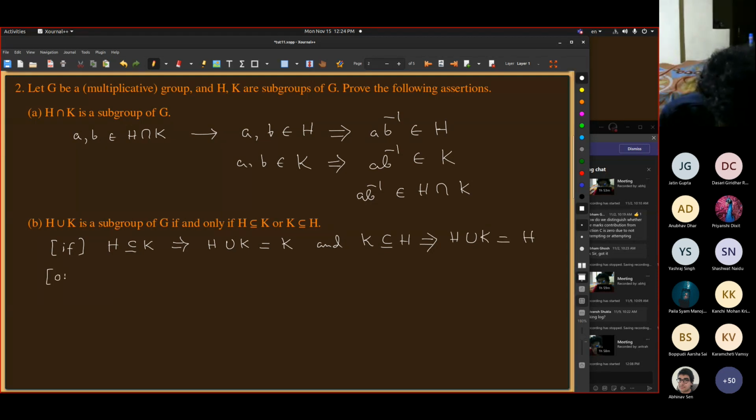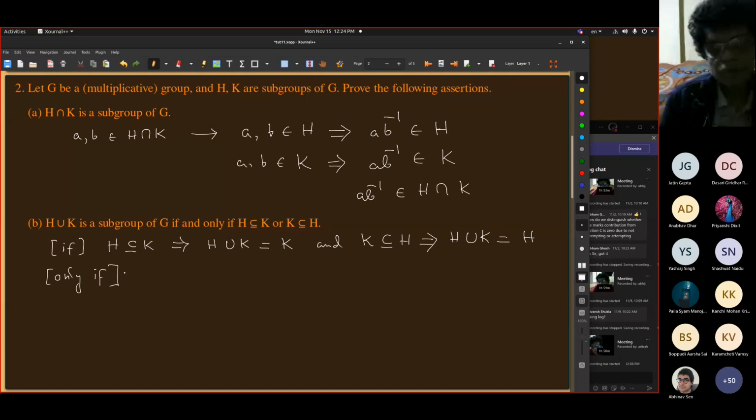So the only if part is something we need to settle. So can I take A belongs to H and B belongs to K and AB inverse doesn't belong to H union K?